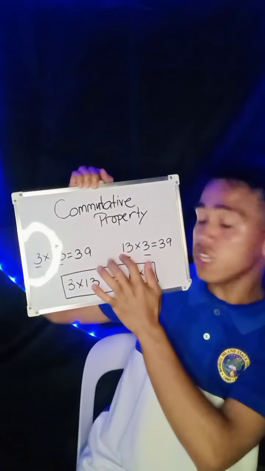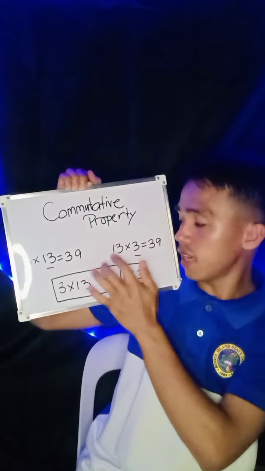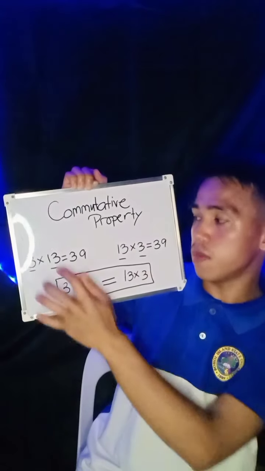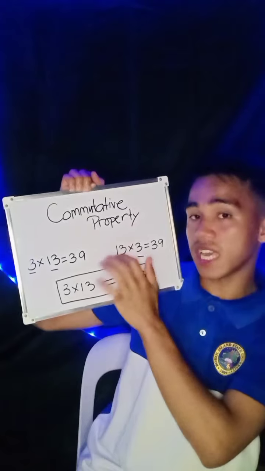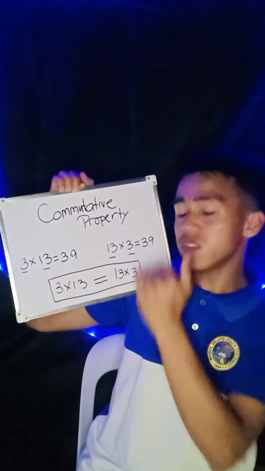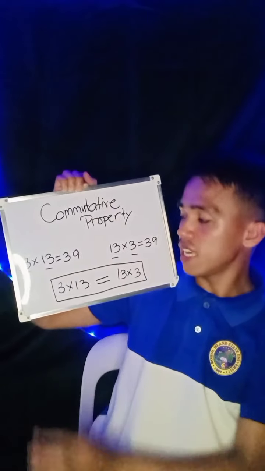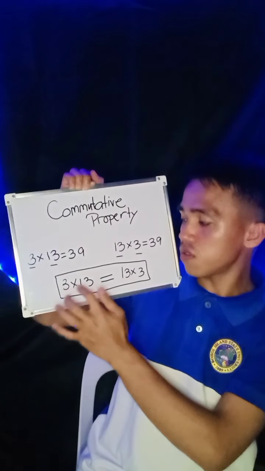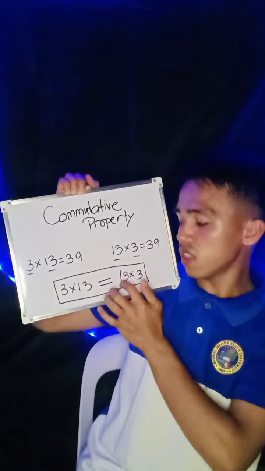So 13 here is the new multiplicand, and 3 is the multiplier. They switched places: 13 was the multiplier, and now 3 became the multiplicand. So the answer is still the same. It tells us that 3 times 13 is still equal to 13 times 3.